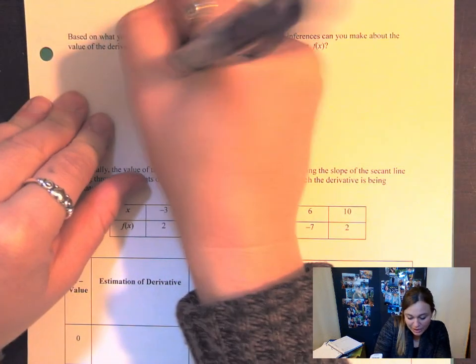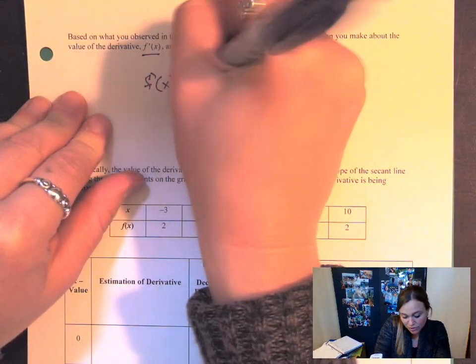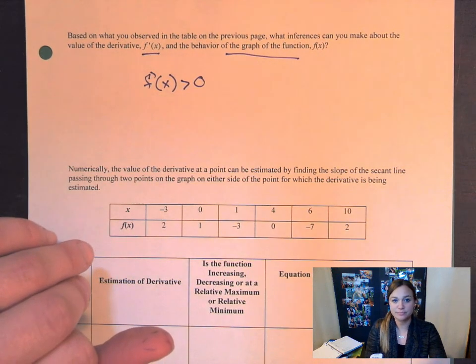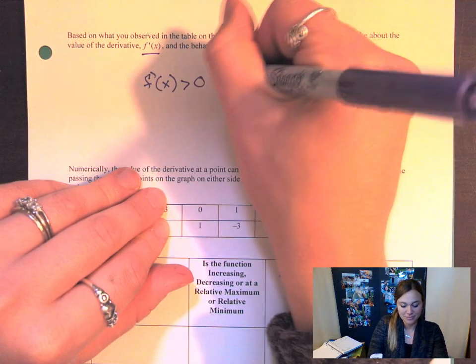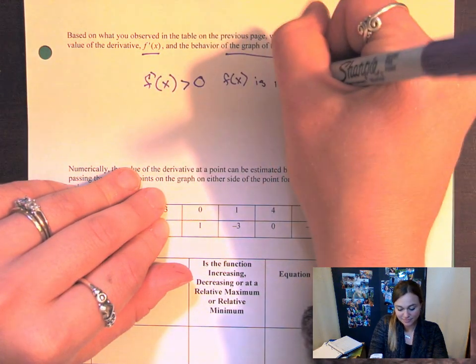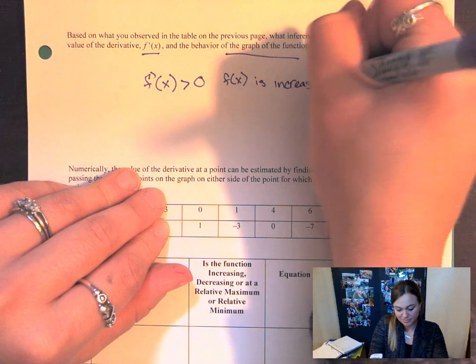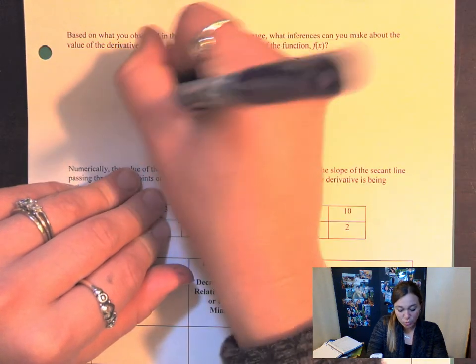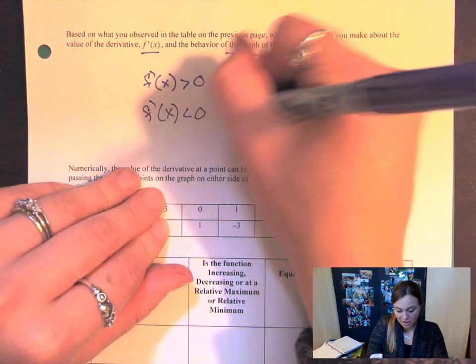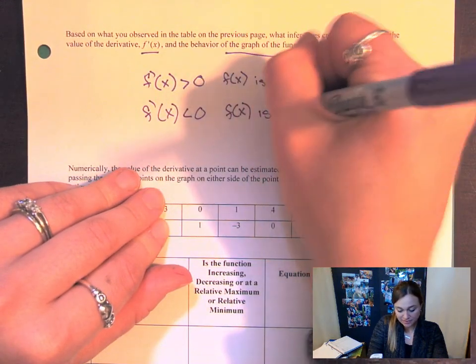What happened when f prime of x was greater than 0? My slope of the tangent was greater than 0, so f of x is increasing. When the slope was less than 0, when I had a negative slope, f of x is decreasing.